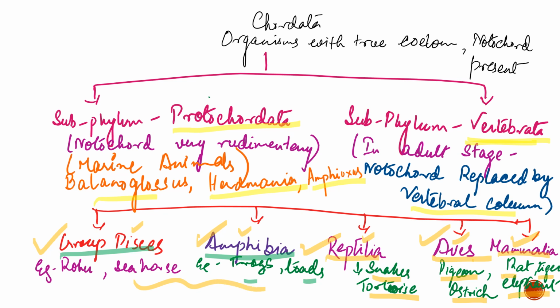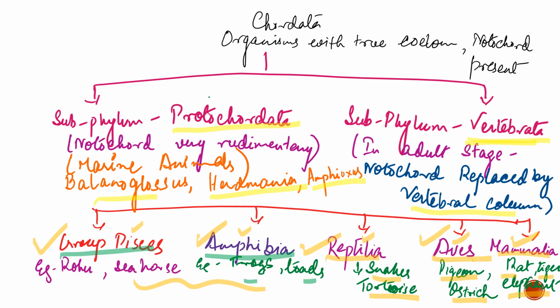So there is a distinct differentiation between all these, though many characters may match, because they are all vertebrates and in all of them the notochord is replaced by the vertebral column in the adult stage. Many characters will match, but other characters might not. This is how we are classifying this huge animal kingdom into different phylum, subphylum and groups.